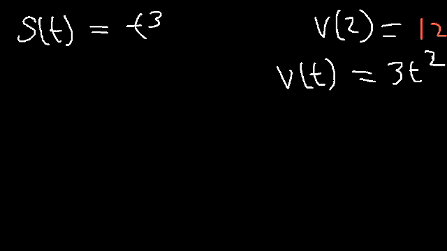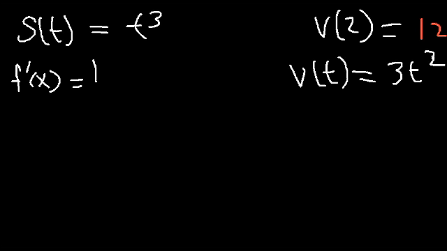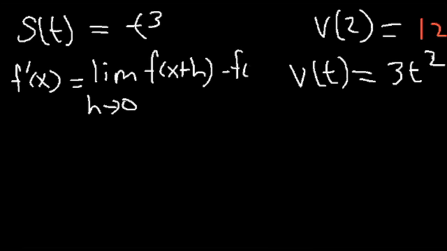Now let's use the limit process to get these answers. So if you want to find the velocity with respect to time, use this equation. f prime of x is equal to the limit as h approaches 0 of f of x plus h minus f of x, divided by h.